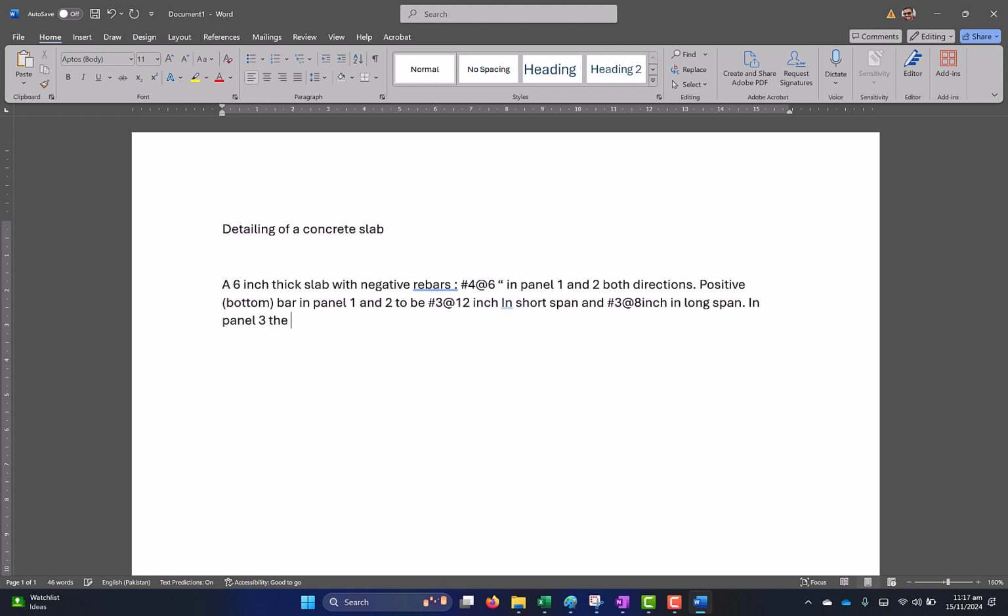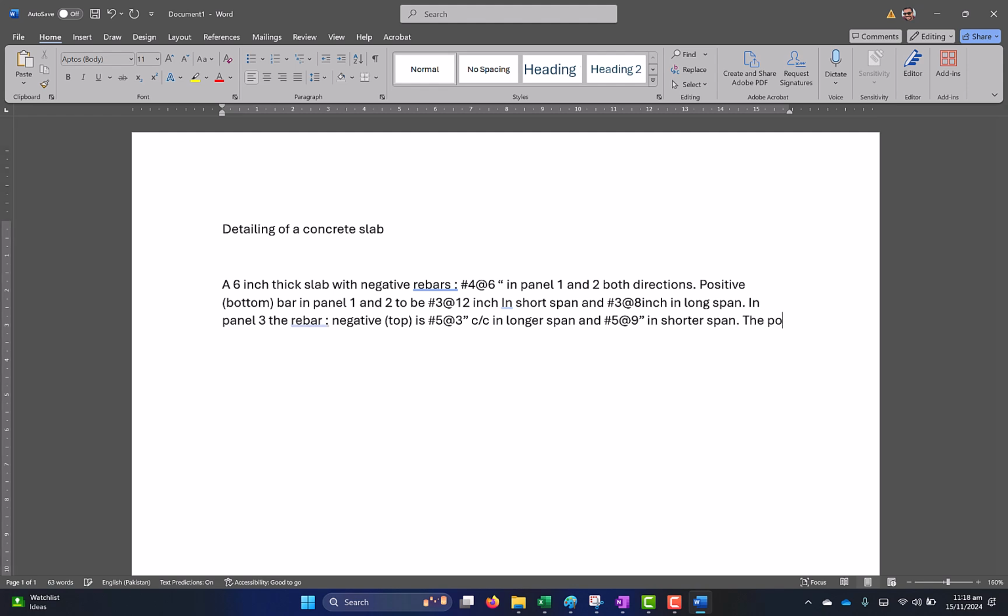In panel 3, the rebar negative, again negative or top, is number 5 at 3 inches. If this is given, don't be confused: C/C means center to center. In the longer span, and number 5 at 9 inches in the shorter span.